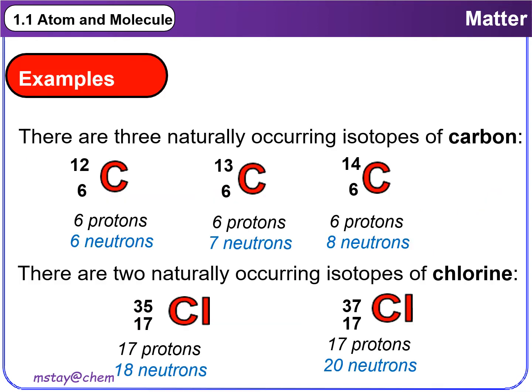Okay, let's look at the example of isotopes. We have 2 isotopes here. First is carbon: 2 or more atoms of the same element. If you look at these 3, they are carbon with the same proton number, but different neutron number.